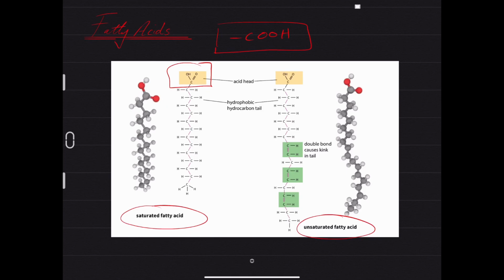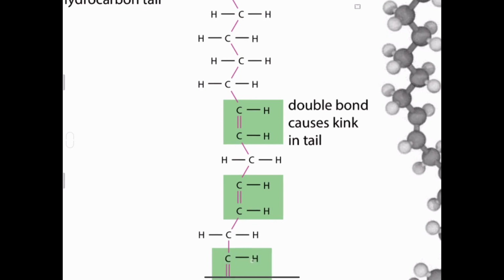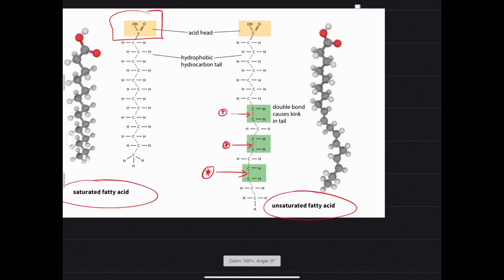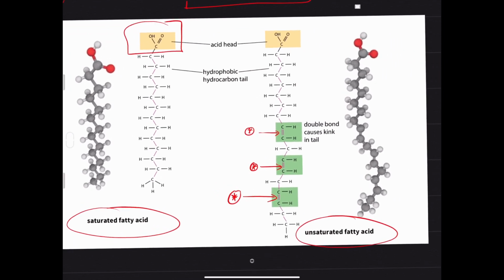Okay, the key point here is the carbon to carbon double bonds that you're seeing. So these double bonds that you're seeing here, they give the property of saturation or unsaturation for the fatty acid.